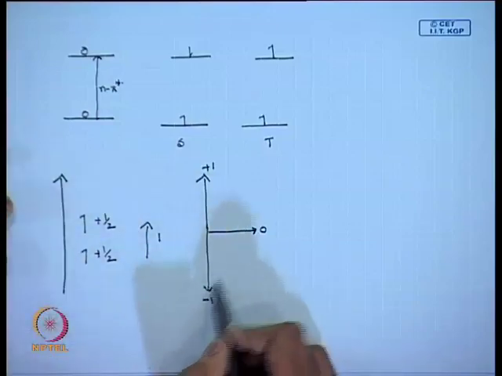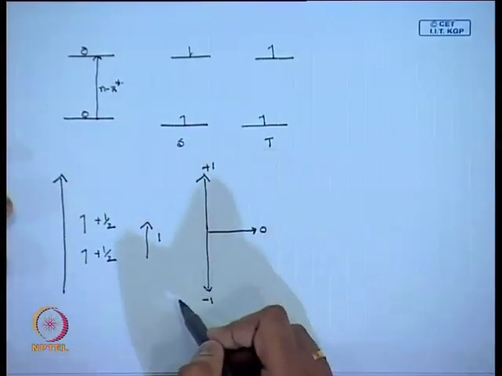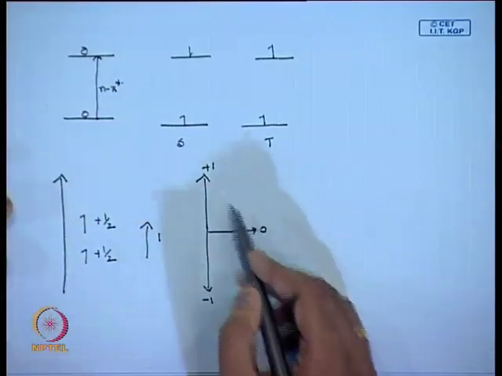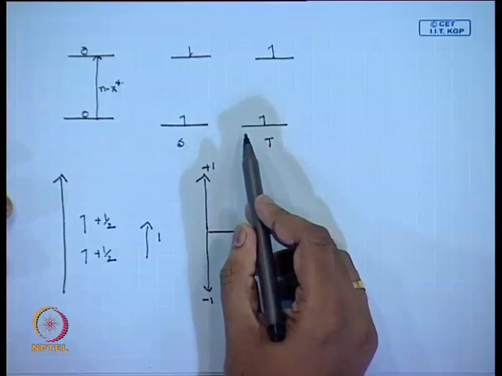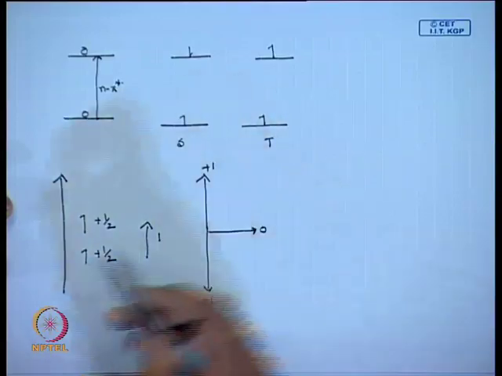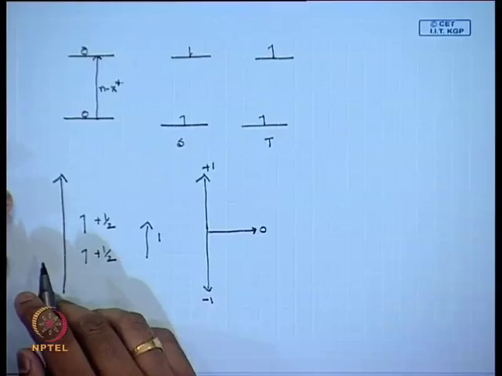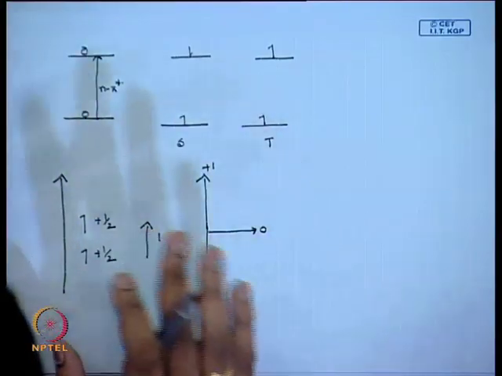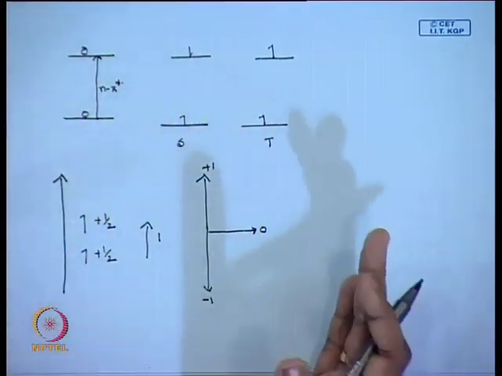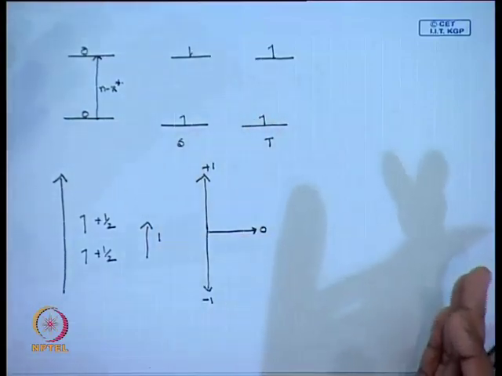So, now you have 3 states. That is why we call them a triplet. Clear? Why we call them singlet and triplet? For a general view we say that if it is a parallel spin, then it is like a triplet, and if it is an anti-parallel spin it is a singlet, but actually speaking it is like this. Okay.